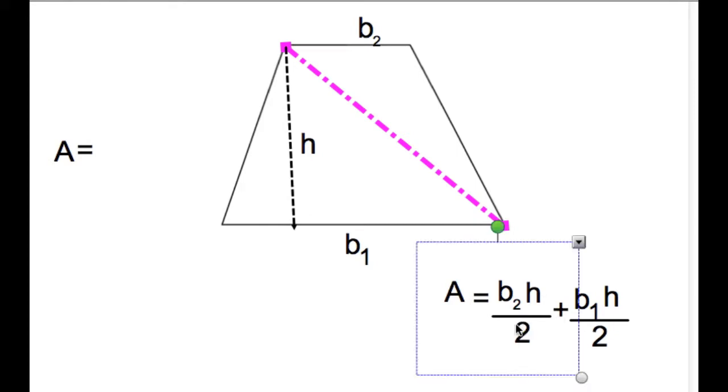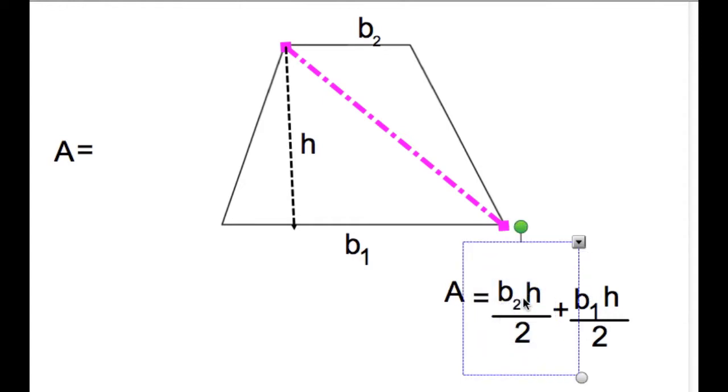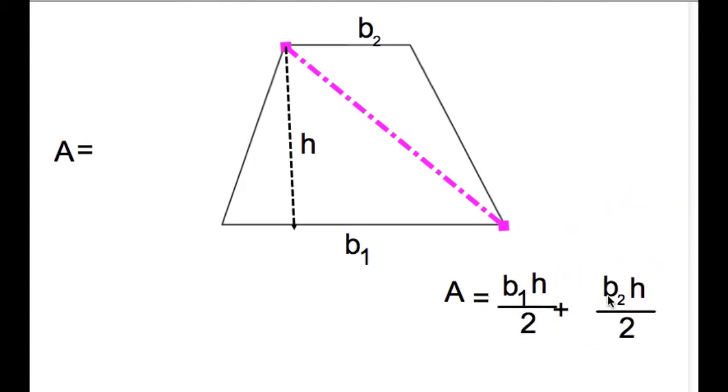And of course I can do those in different orders. I can take them and I can just move them around and put them in a different order. Just like that. That makes more sense because I've got the 1 before the 2 now.